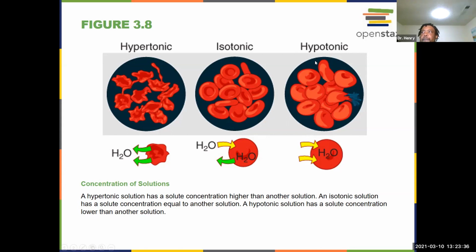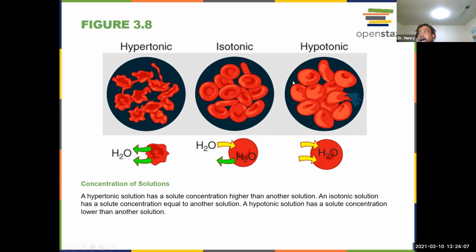In the case of hypotonic, the cell doesn't have as much solute on the inside compared to the outside, so the water is going to be moving into the cell. In the case of hypertonic, the water is moving out, so the cell is going to shrivel up.